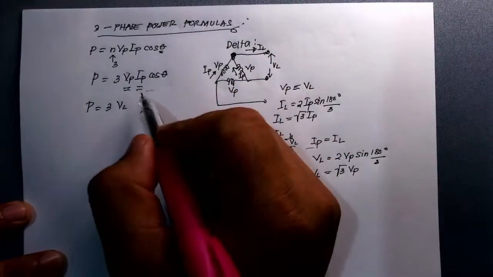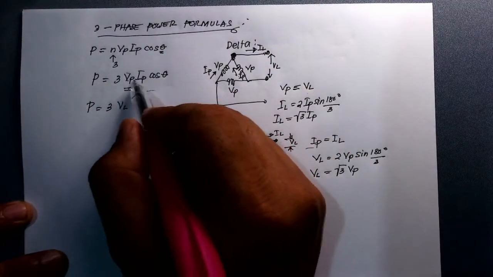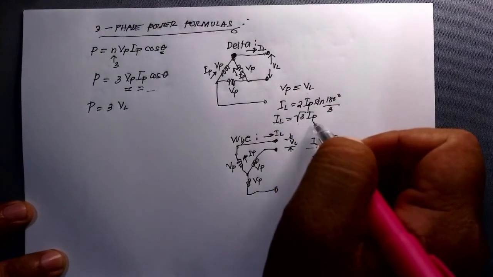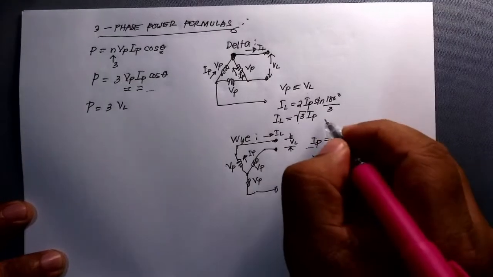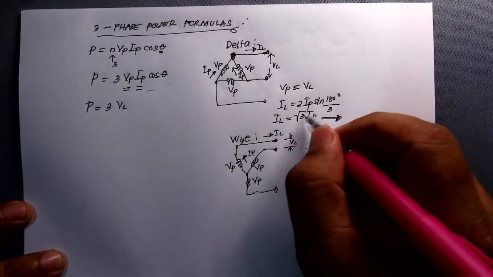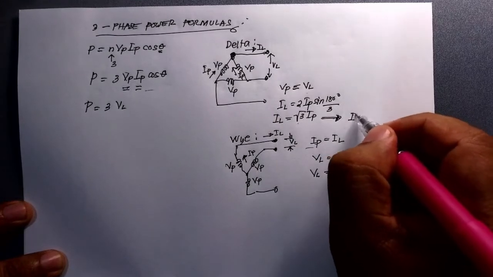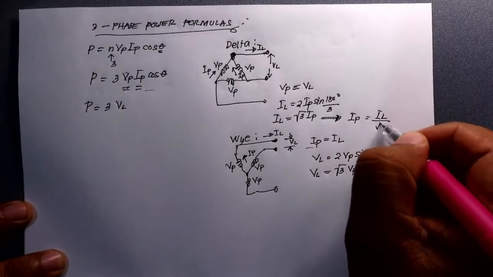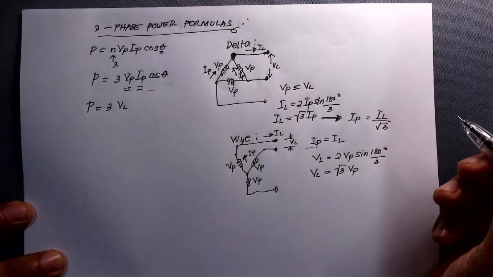So your V sub L is square root of 3 V sub P, and for your I sub L, that is square root of 3 I sub P. So we are going to conduct an algebraic manipulation of this one.